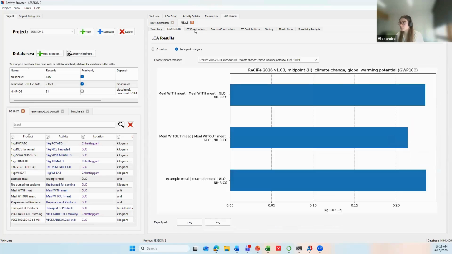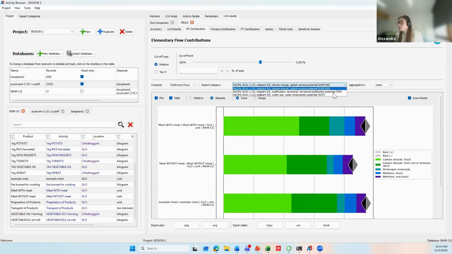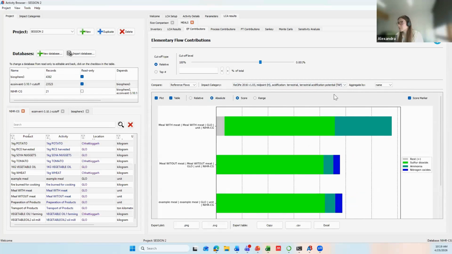They have different results, so we need to keep this in mind. If we want to visualize the difference in results, we can put absolute. That is fine, and we can also look at the other metrics, the impact categories.